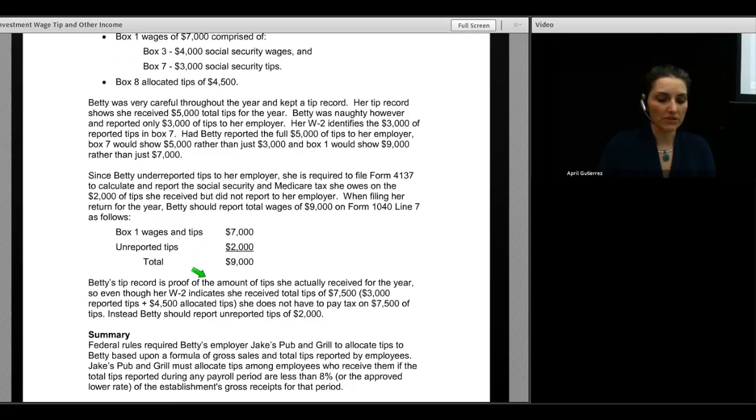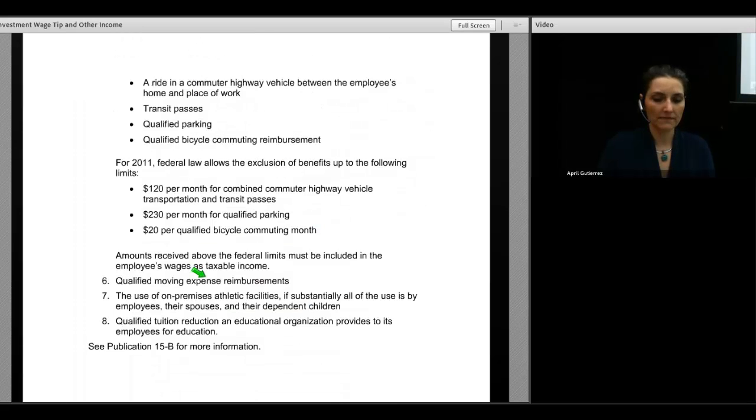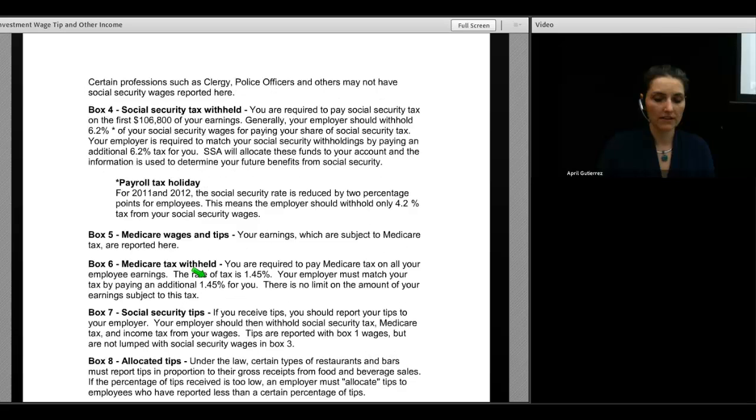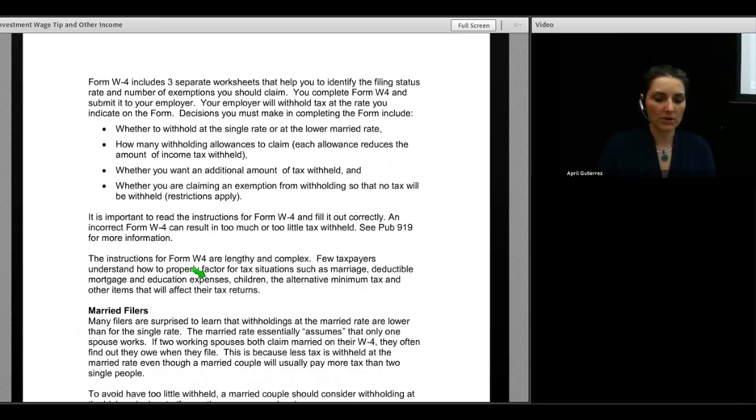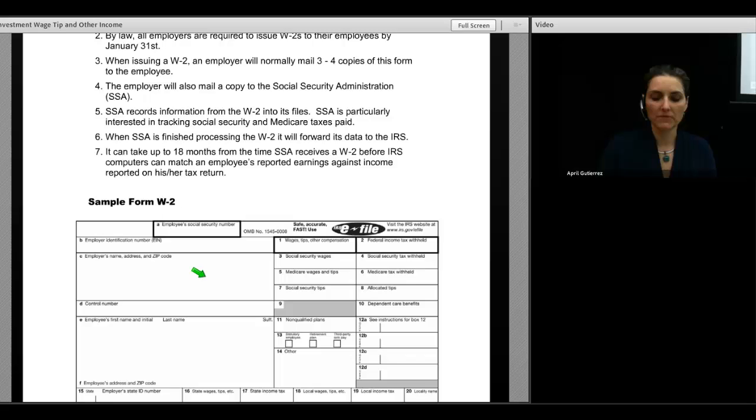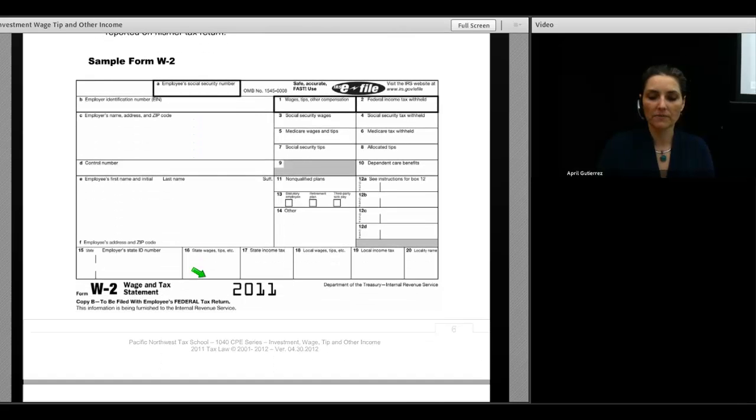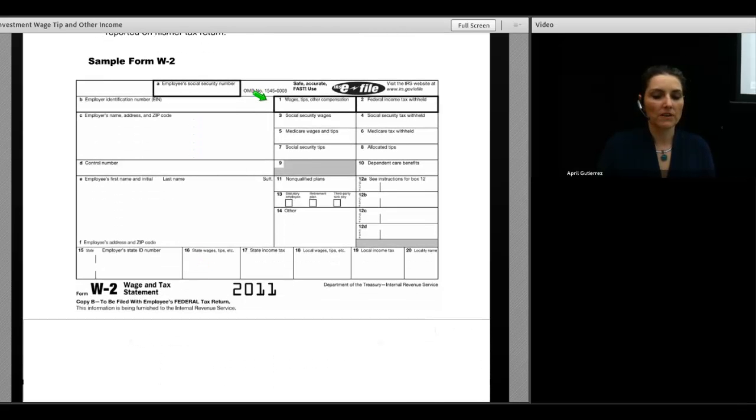So when you're looking at a W-2, I'm just going to flash back up to that W-2 again. One of the reasons I went over the W-2 at the start of this class is just so you can have an image of it in your head while I'm talking to you. But Box 1 is the line number that will carry to line 7 of your tax return. Line 7 on 1040 being where you report wage income. IRS says anything that is the equivalent of wages gets reported on line 7 of your tax return as wages.